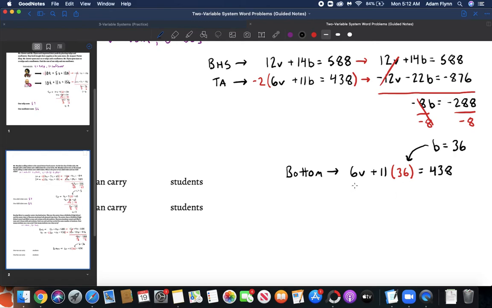So if I keep simplifying here, I haven't touched my 6v yet. 11 times 36 is going to be 396. And then my 438, which I have yet to touch. So now what we can do is subtract 396 on both sides.